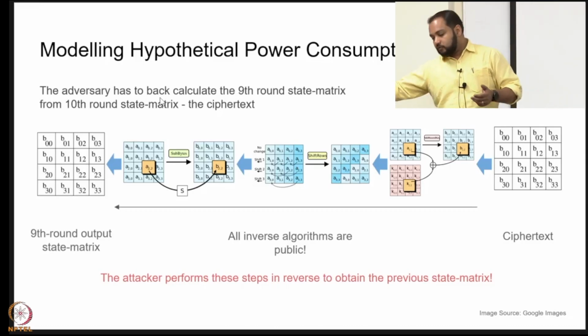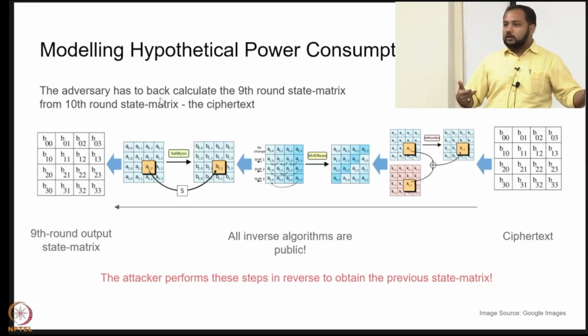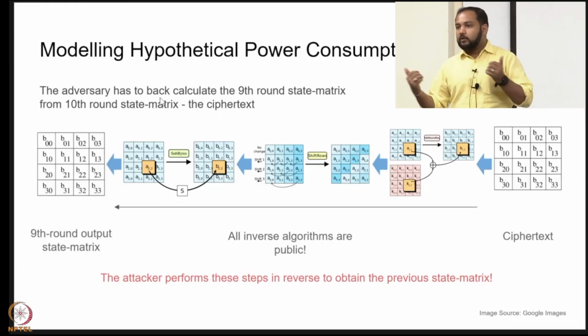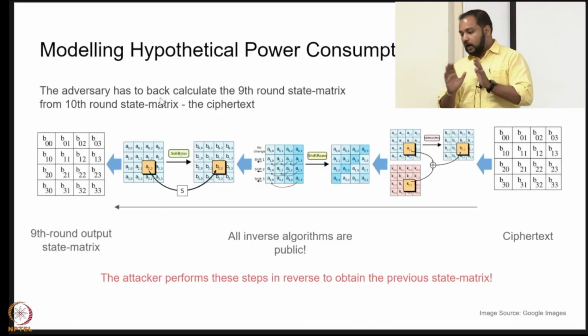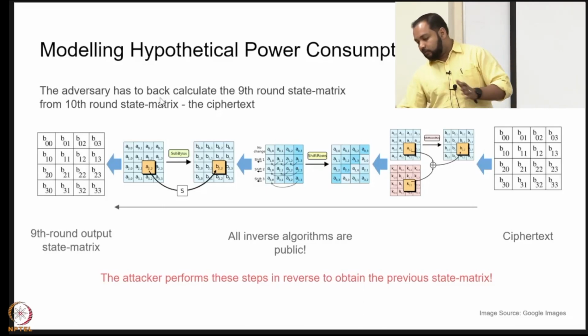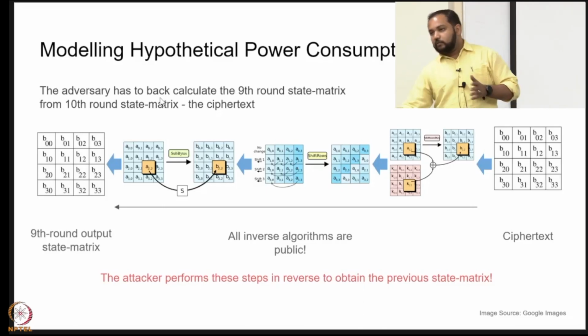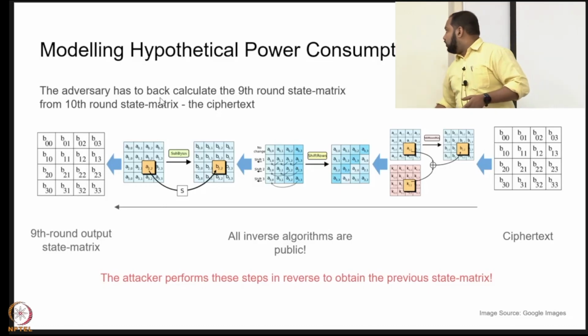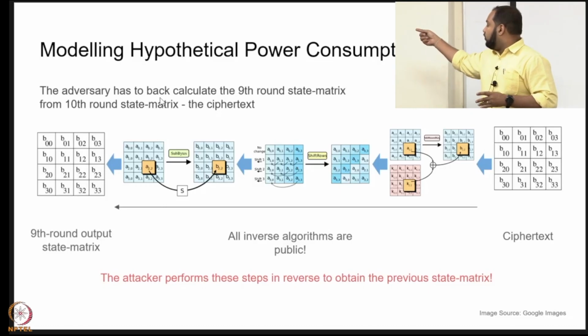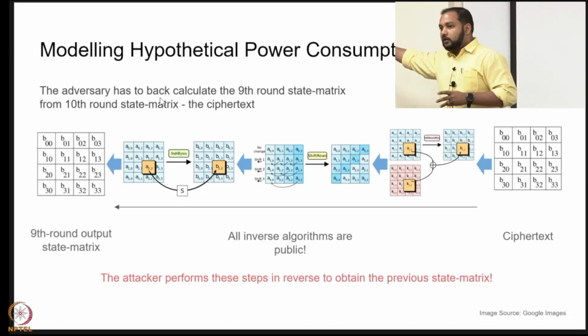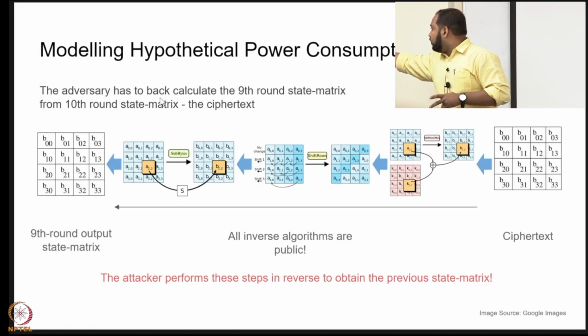Now from the ciphertext we will be going back to the ninth round. How will we go back? We will be making key guesses, targeting a single byte. Suppose over here we target B00, the first byte. Based on that we XOR it with the last round key, and then perform the inverse.